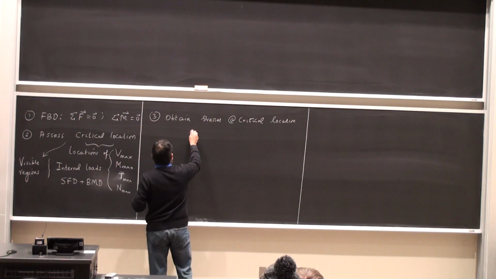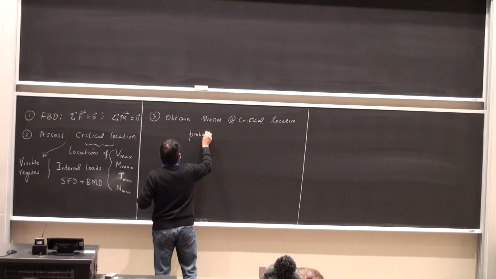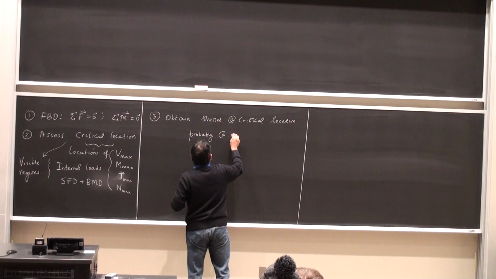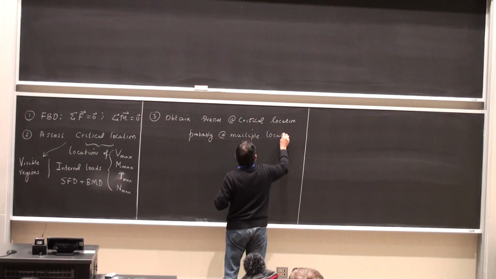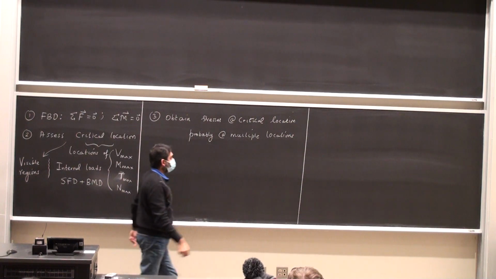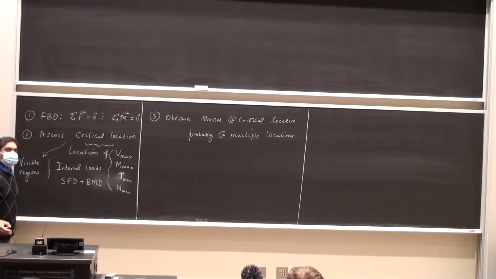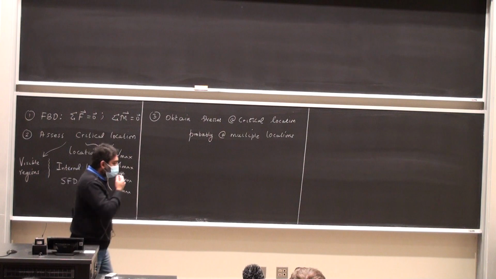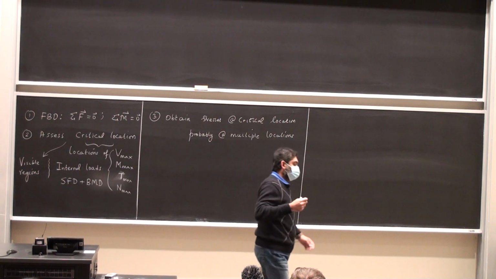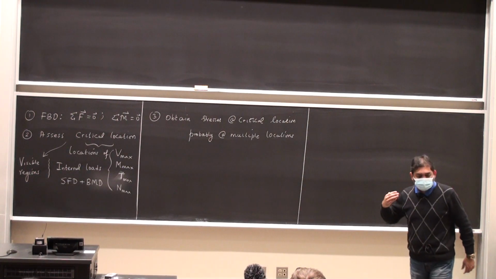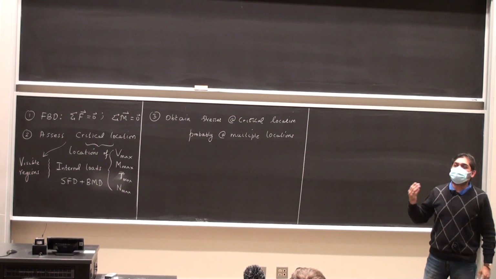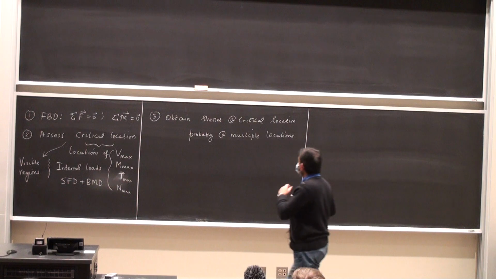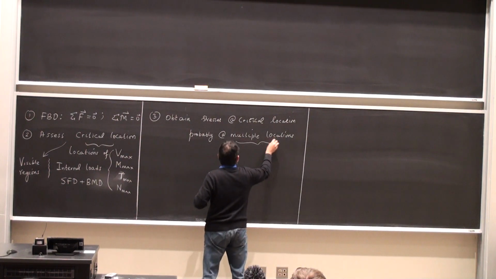Okay, so probably multiple locations, which is what we've been doing, right? And then we typically say, okay, on that location along the length of the body, look at the cross section, find out points on the cross section that could be critical. So this is location along the length of the body.